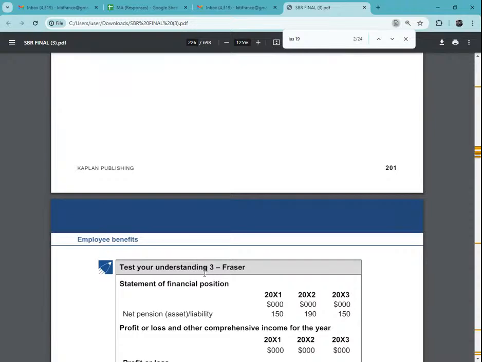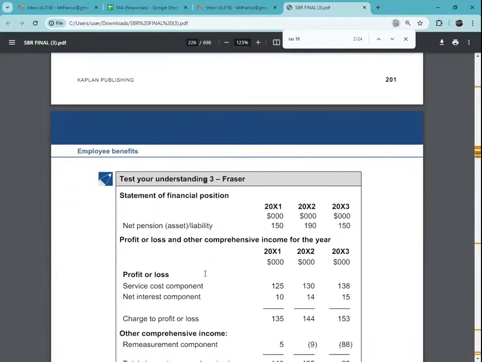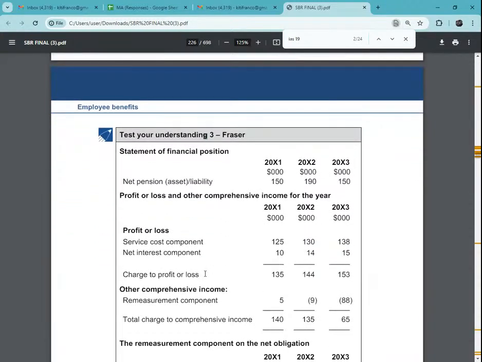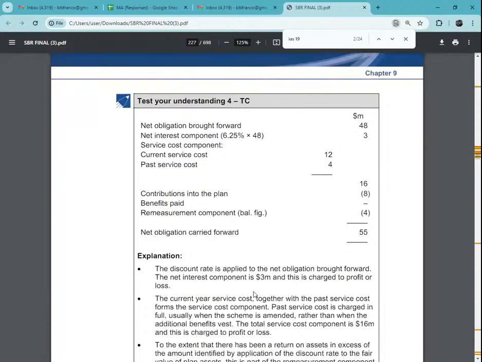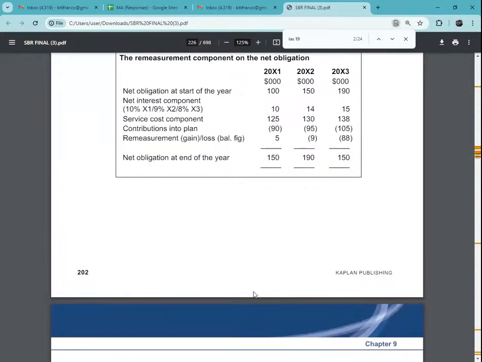The answer is here. So in this case, you're right, because you can see here the remeasurement component. The loss is supposed to be positive for them here, balancing figure. So here we have 5, 9, 88.